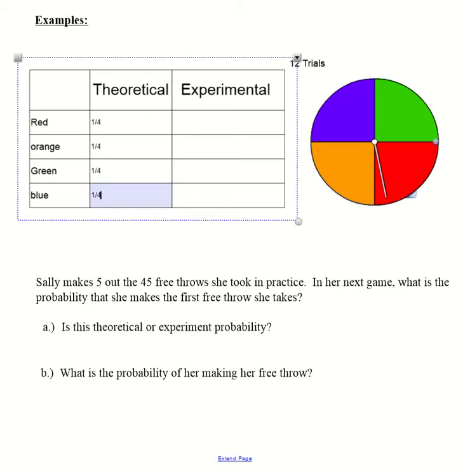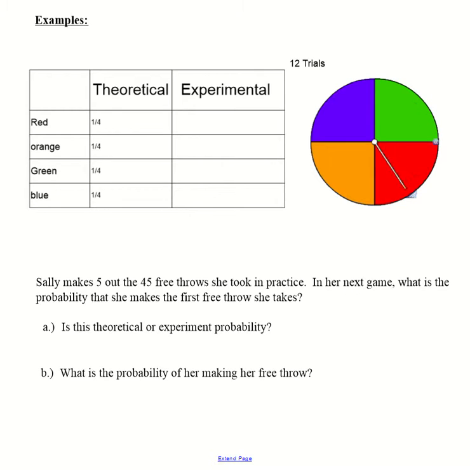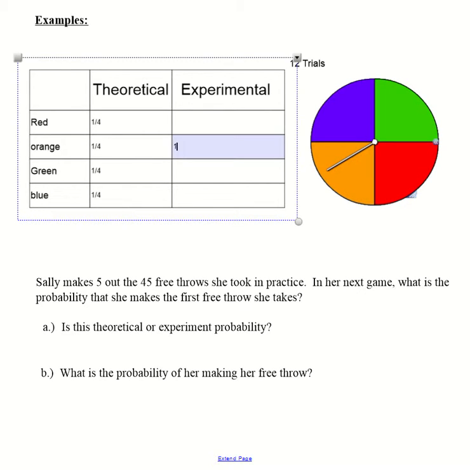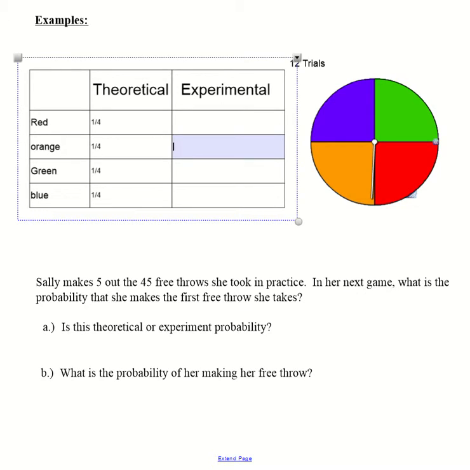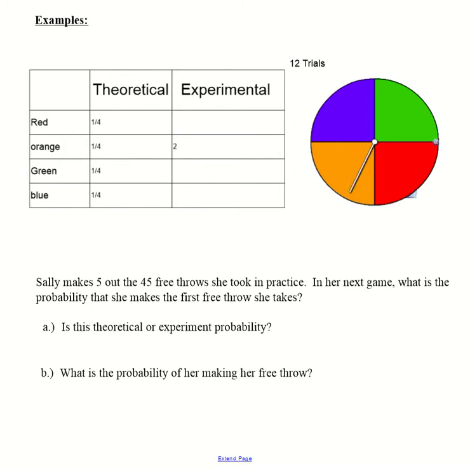So now let's actually spin the spinner. We're going to spin it 12 times. We're going to see what we get. We got 1 orange, so I'm just going to put a 1 in there. We spin it again. We got orange again. So now we have 2. We got orange a 3rd time.